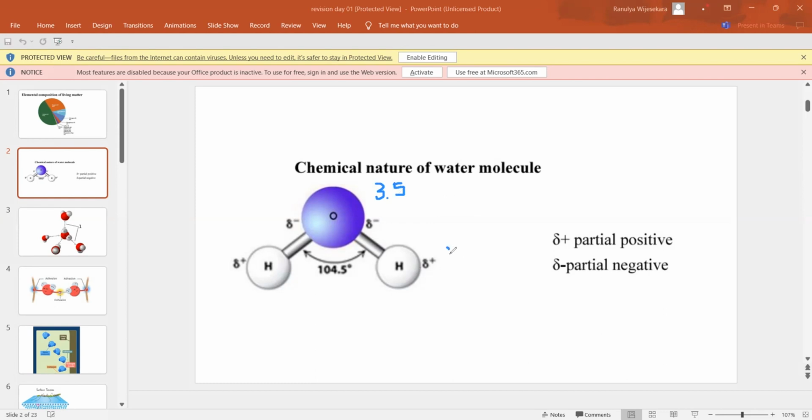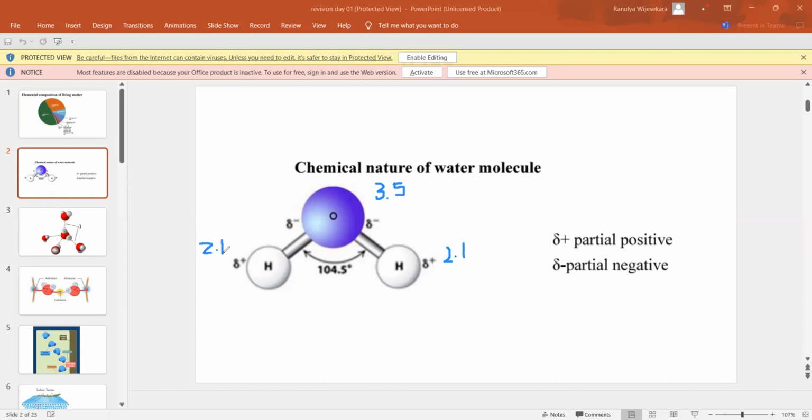Hydrogen, 2.1. So as a result of this electronegativity difference, the electronegativity of oxygen is higher than hydrogen. It is obvious, according to what you have learned in chemistry.